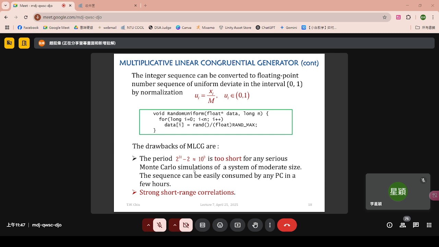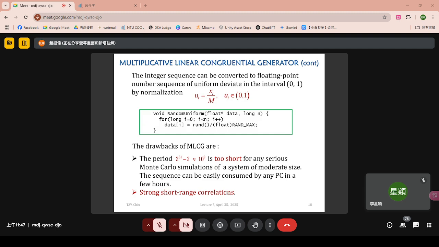So this is one of the drawbacks. Another is a strong short range correlation. That means the random numbers have a correlation, and the correlation is very strong and short range. When two numbers in the sequence are not too far away, there is a very strong correlation.